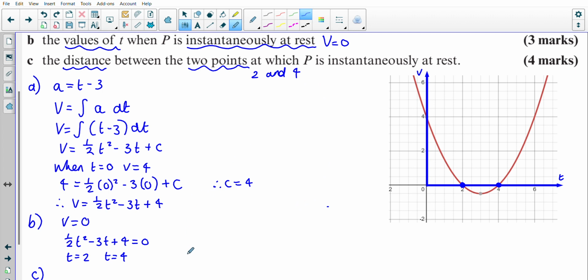So I'll have to integrate the velocity, and I'm going to be using the limits of 2 and 4.